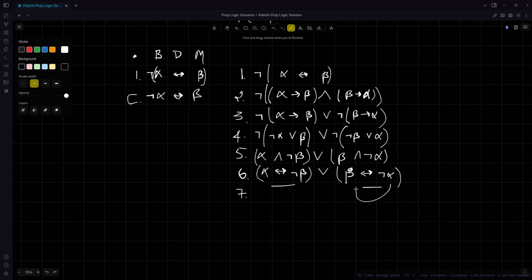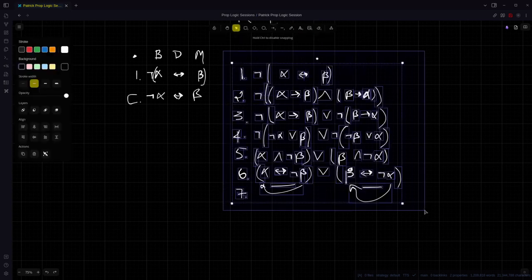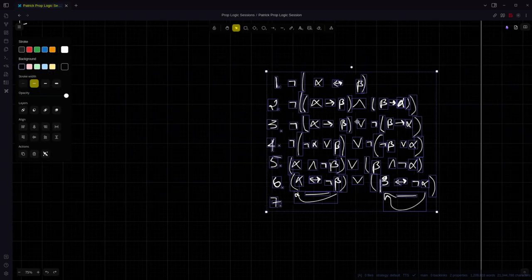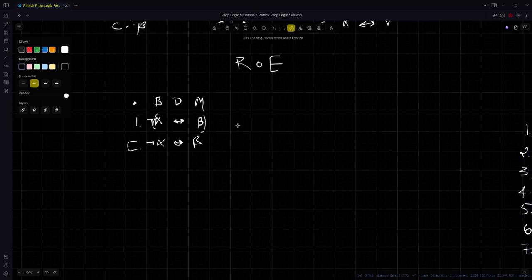Now you can obviously do another step where you do a commutation on both sides, and you can get this form. I'll just move this out of the way. So this is one thing that you can get, and you can also get this.